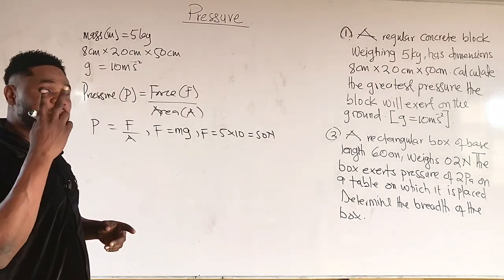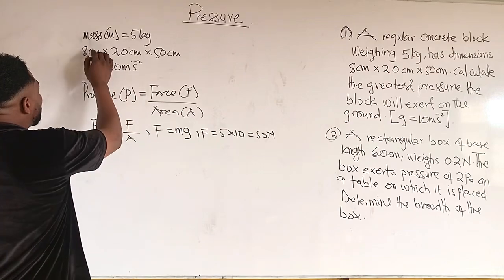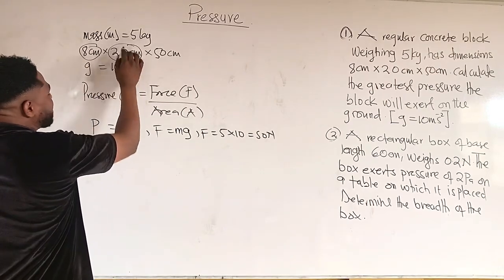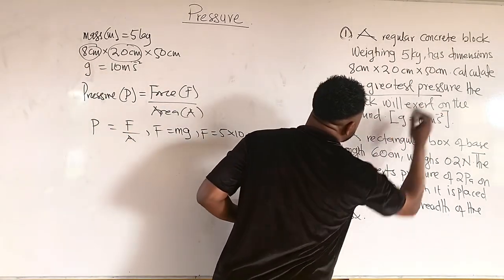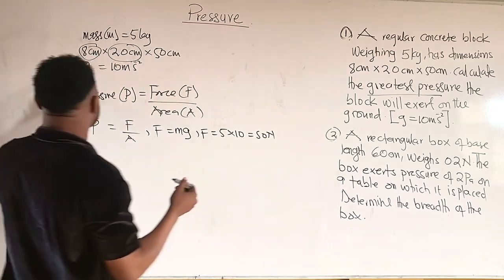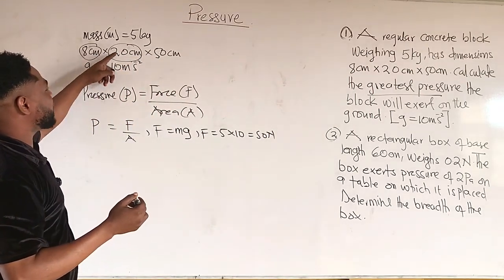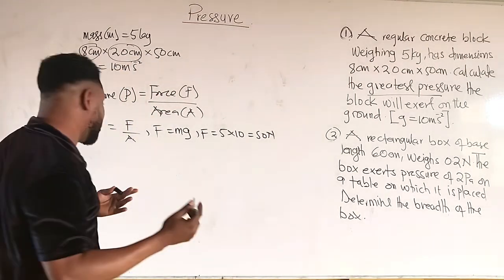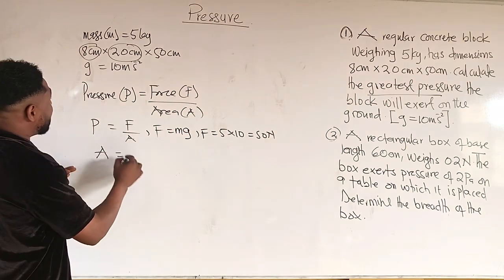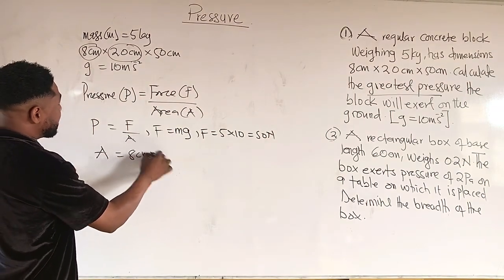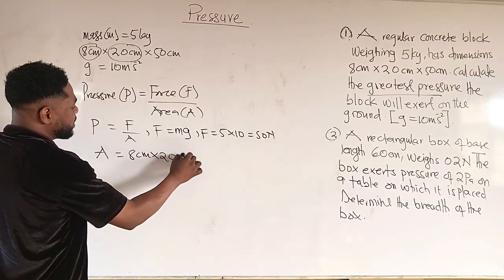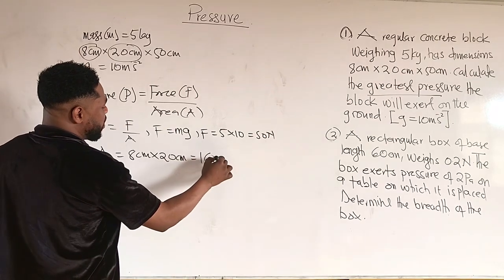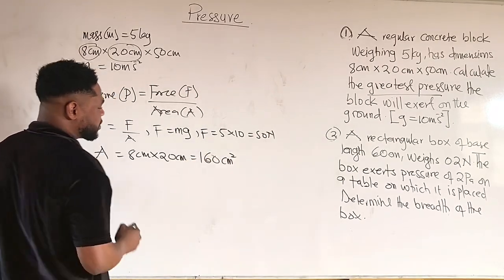We are going to use only 2 dimensions. So we need a smaller area so that we can achieve the greatest pressure. And we are going to use the 8 and the 20, which will give a smaller area. So our area will be 8 centimeters by 20 centimeters, which gives us 160 centimeters square.